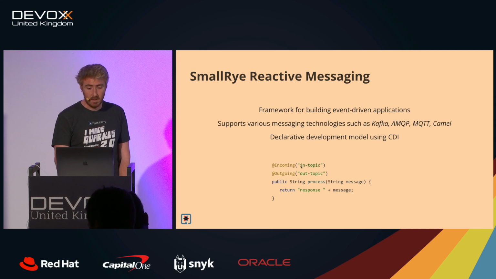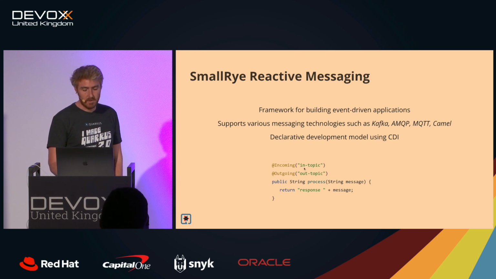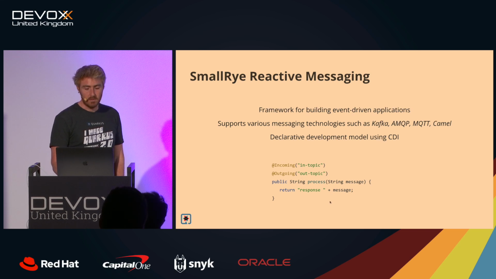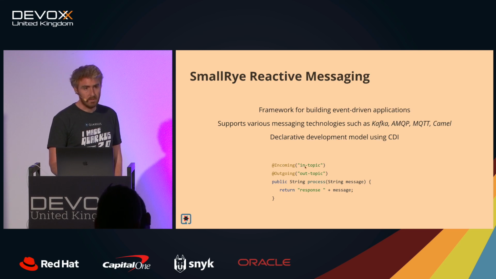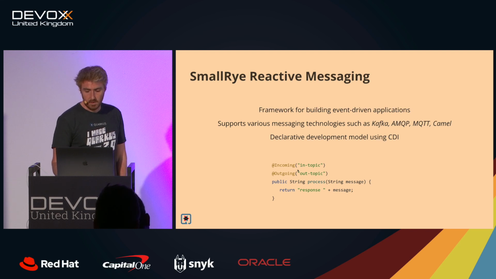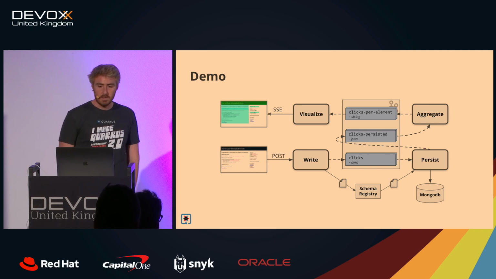So in that case, if those channels were Kafka channels, we would have subscribed to the in topic, done that computation, and then pushed the message result to the out topic for Kafka. But you're not obliged to use Kafka. It can be the case that you are pulling messages from Kafka and writing to AMQP. That's totally legal.